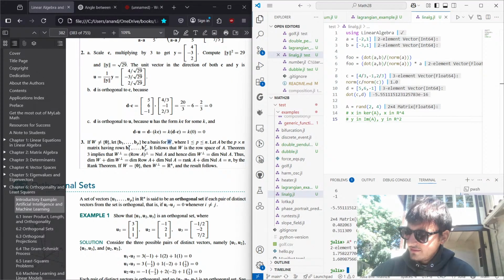So A is equal to the matrix with rows B1 transpose through BP transpose, where each BP is an element of Rn.